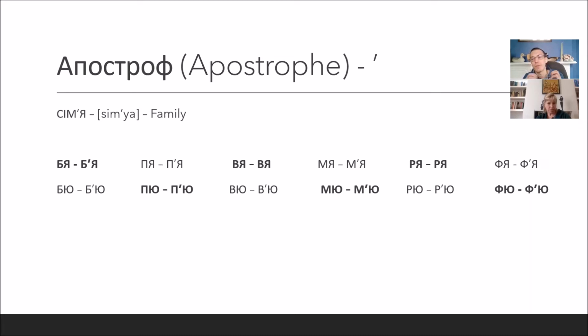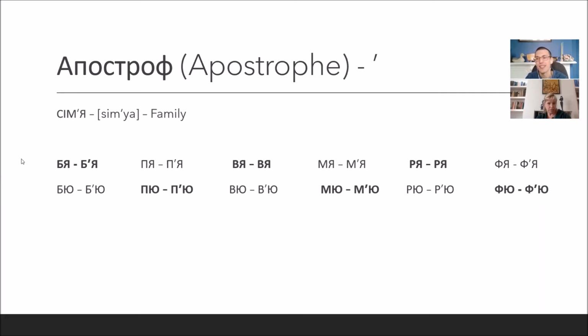It makes a pause when you're trying to pronounce the word. For example, there is a word sim'ya. You do not say simya, you say sim, make a little pause, ya: sim'ya.